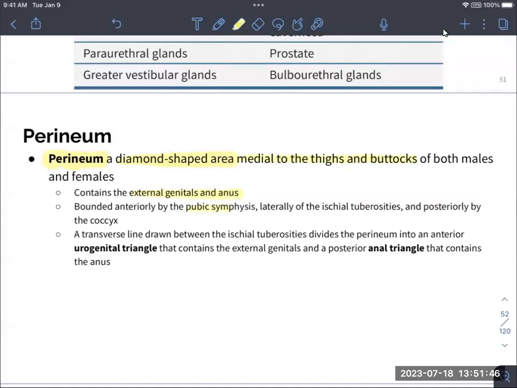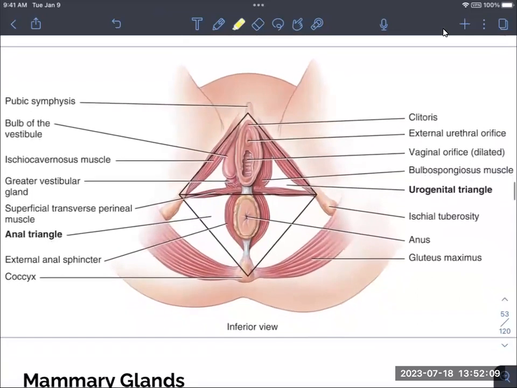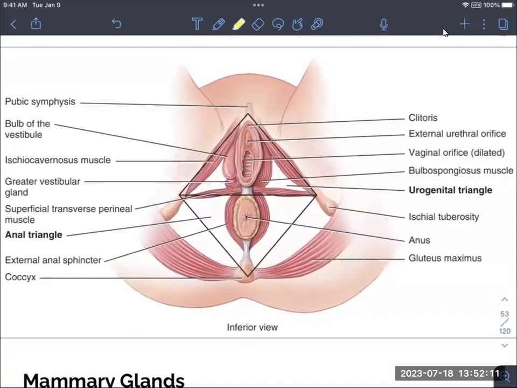The pubic symphysis is found in the front, the ischial tuberosity is at the side, and that coccyx in the back to kind of give you that visual picture. So you can draw transverse lines from the tuberosities, and that will give us an anterior urogenital triangle and a posterior anal triangle. Here we can see the black line shows that whole triangle divided.